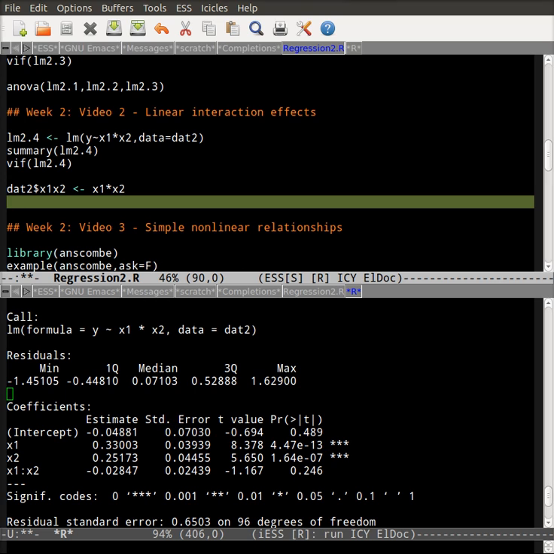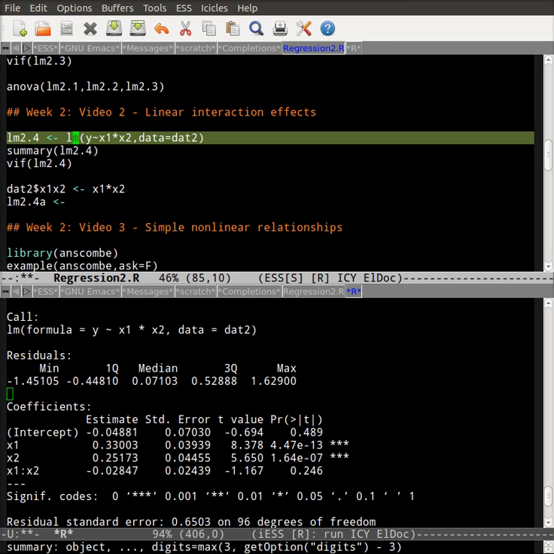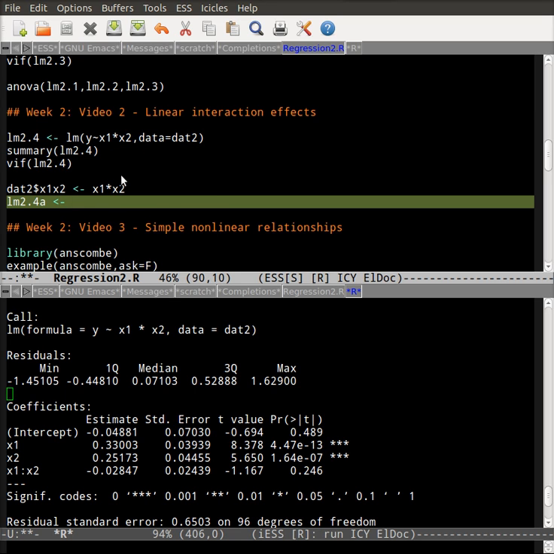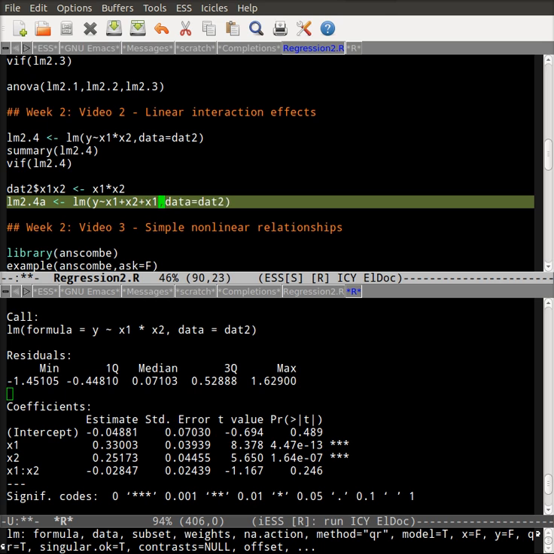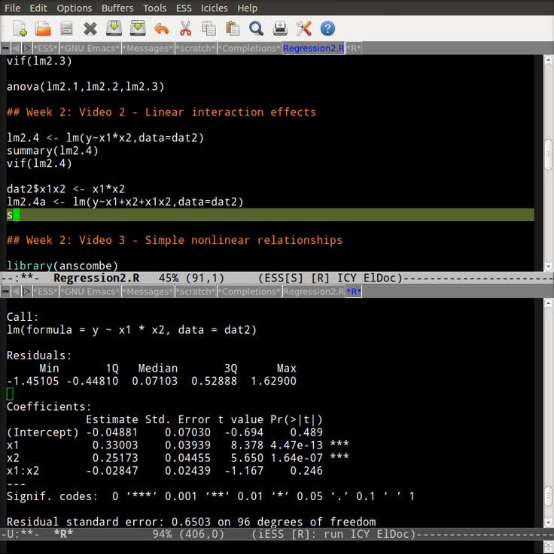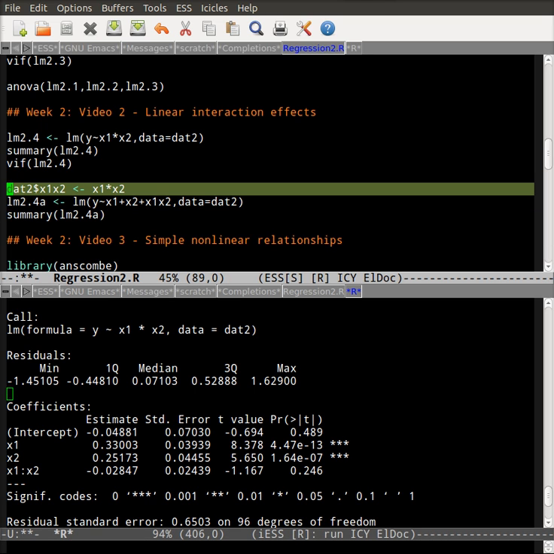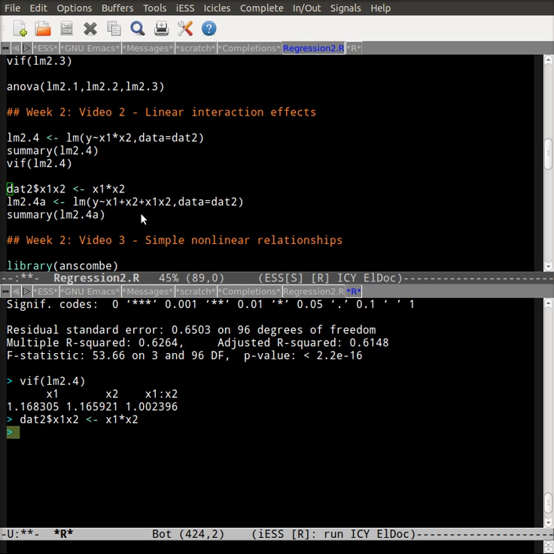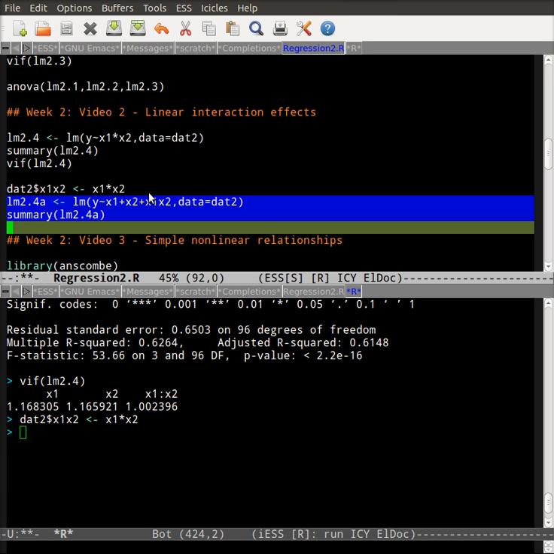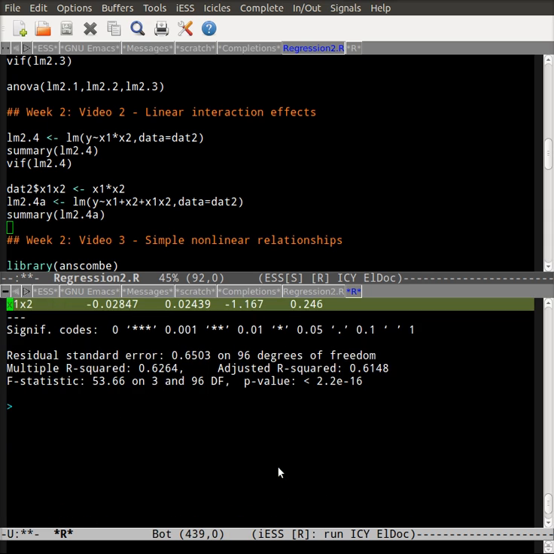And then what I'm going to do is say lm24, and maybe I'll just copy and paste that, and instead of doing x1 star x2, I'm going to do x1x2 like that, and then I'm going to do a summary of lm24. Okay, so I did that, and now I'm going to run both of these, and what do I get?